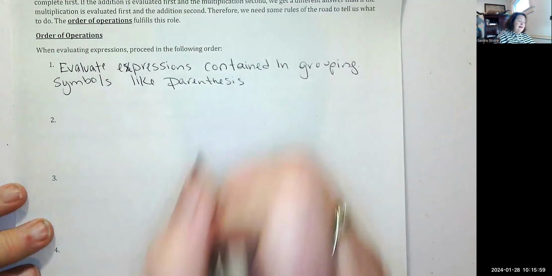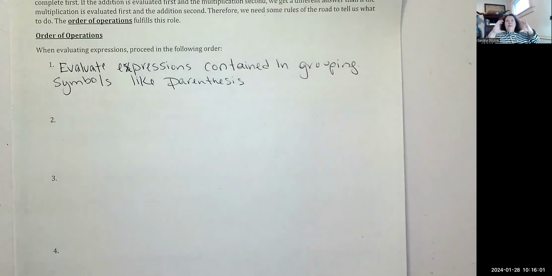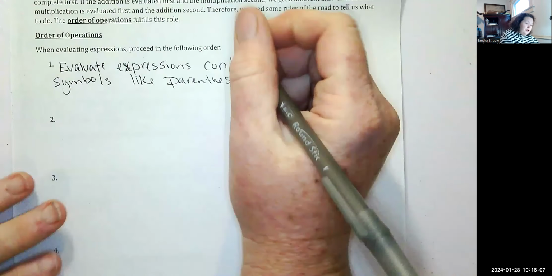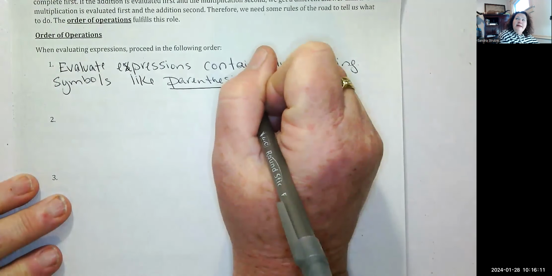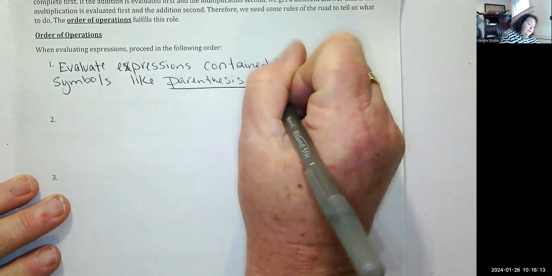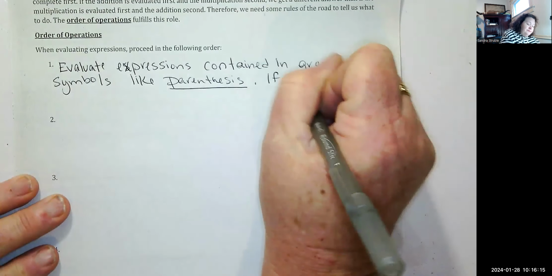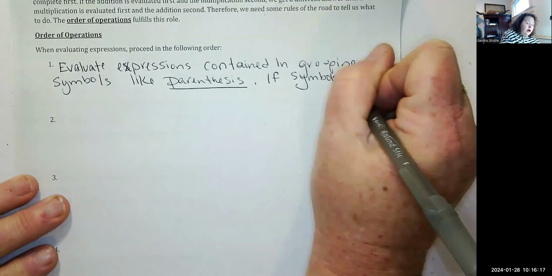If symbols are nested, so if there's a bracket and inside the bracket there's a parenthesis with something else happening, you're going to do the innermost one first. So if symbols are nested, work from the inside out.